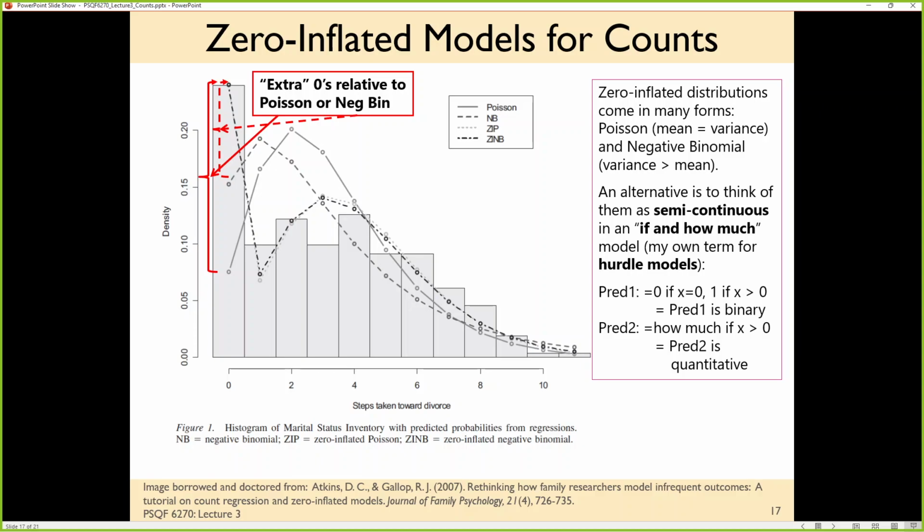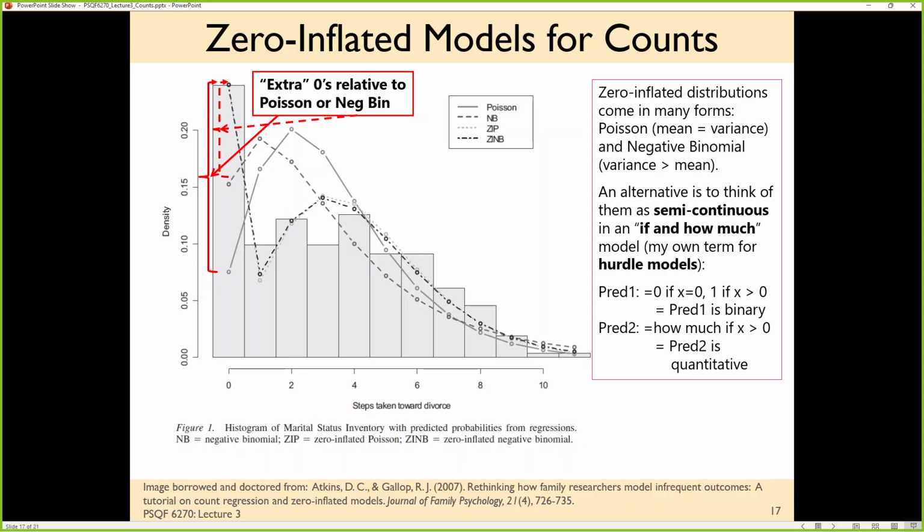And this pile of zeros right here, this is my language here, there's two different kinds of people. There's me as part of one of them: hi honey, steps towards divorce, I would never. Don't even ask me that question, zero. Versus someone else that's like, yeah, zero because I haven't gotten around to calling a lawyer yet, but I'm going to.